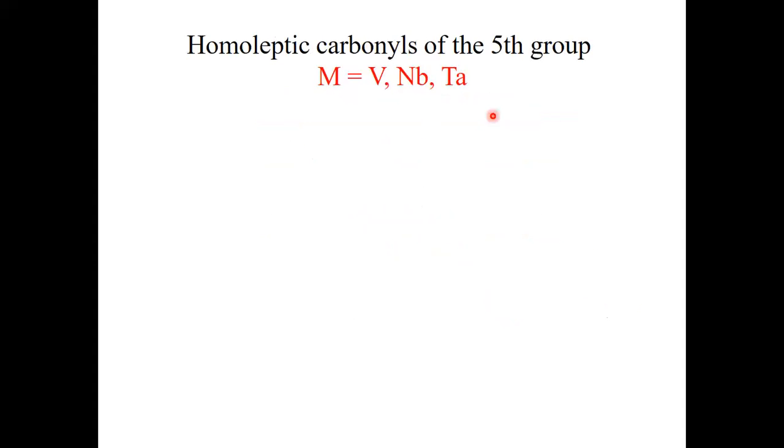Okay, finally, let us have a look at group 5. So in group 5, we have the vanadium, the niobium, and the tantalum. So in this case, we would require a hexacarbonyl fragment because, well, how many electrons do we have to add to 5 in order to get 17? Well, that's 12.